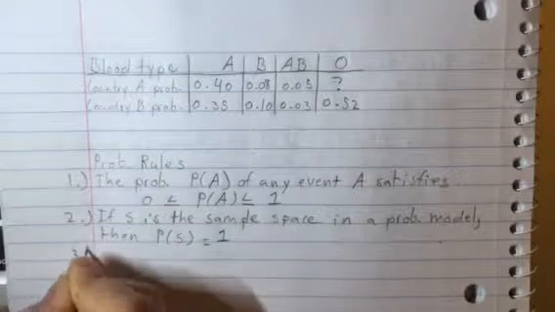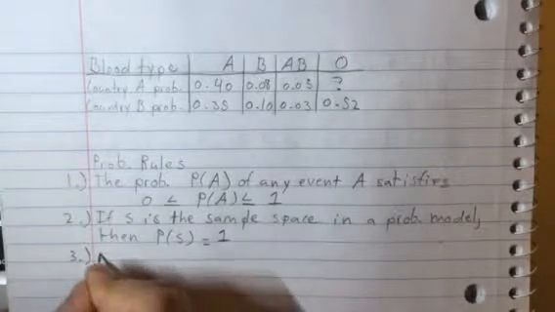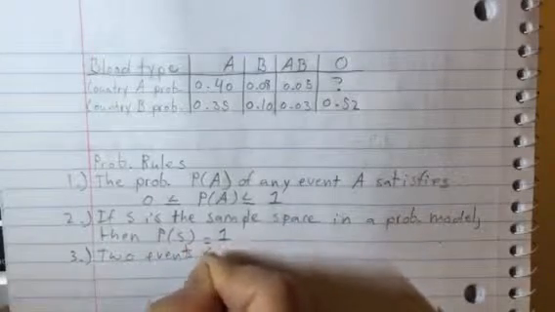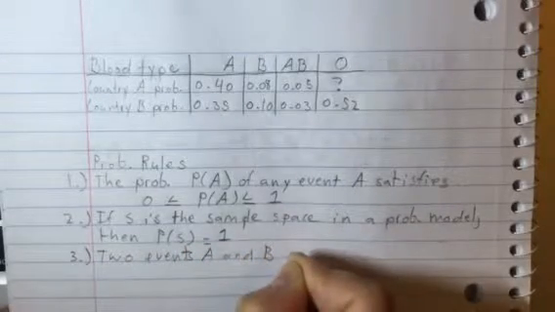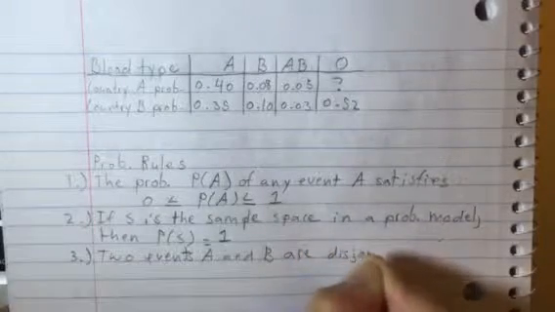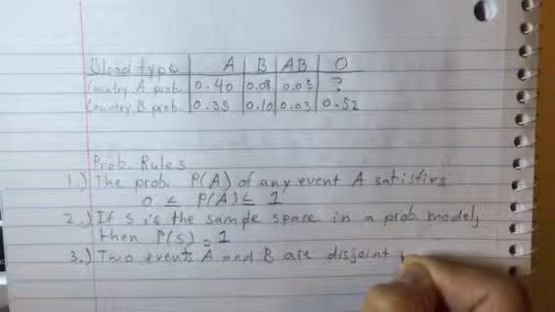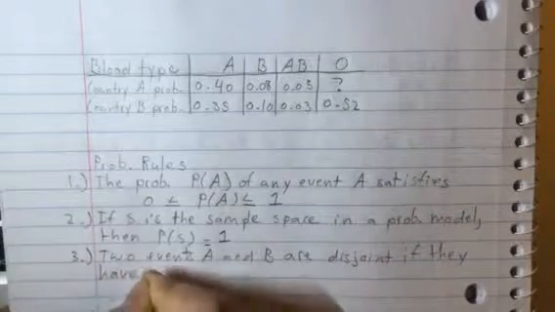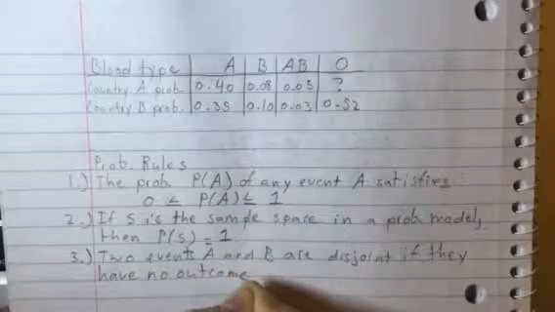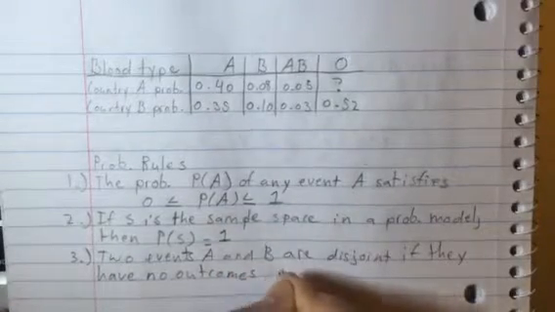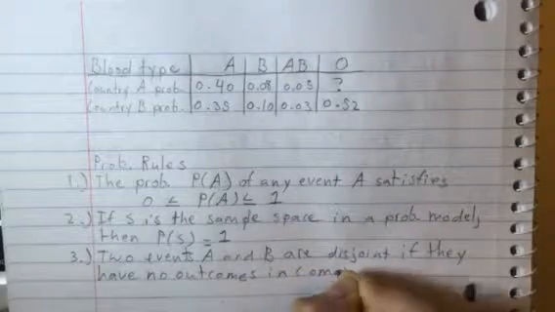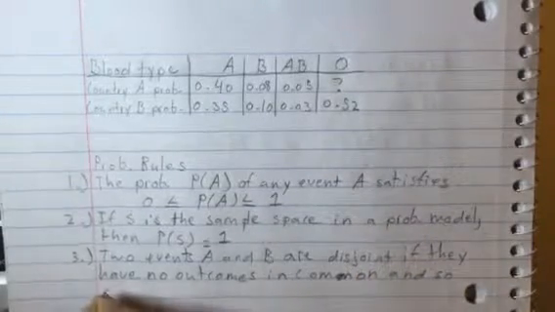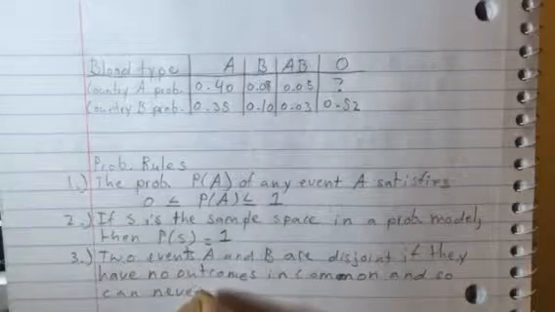Then rule number 3: two events, A and B, are disjoint if they have no outcomes in common, and so can never occur together.